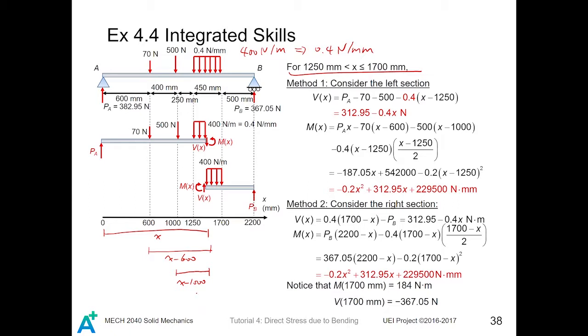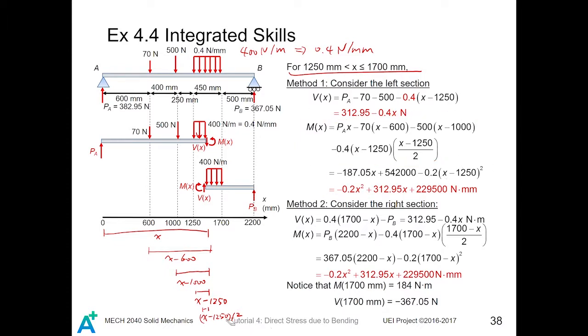First, the length of the distributed load is given by X minus 1250, and as we know, the centroid of this distributed load is located in the middle of it. Therefore, the arm generated will be 1/2 of (X minus 1250). Then you can find the moment like this, and then you simplify it to get this result.